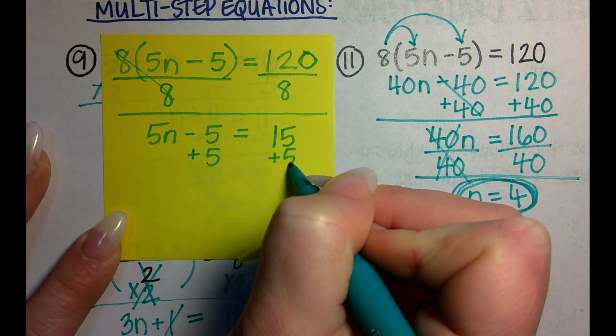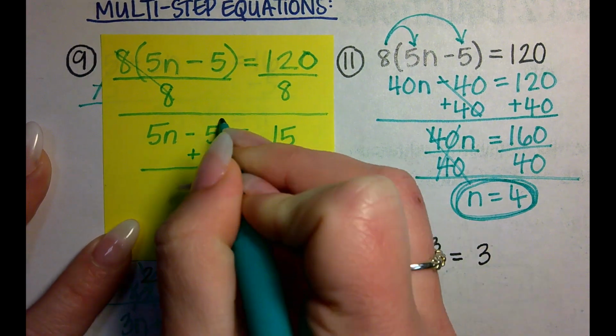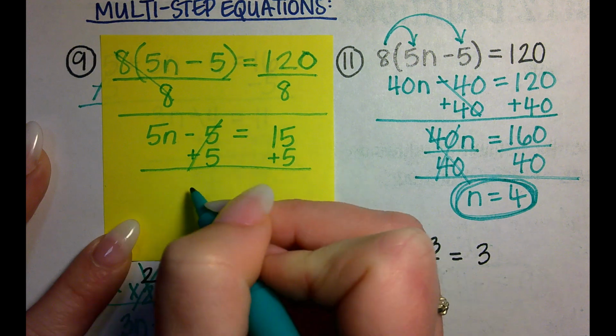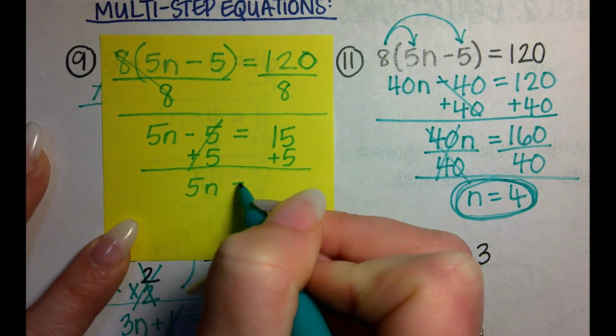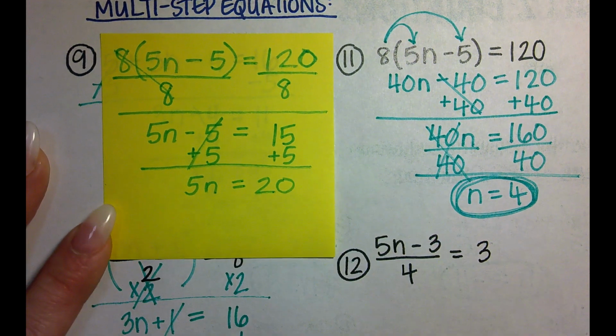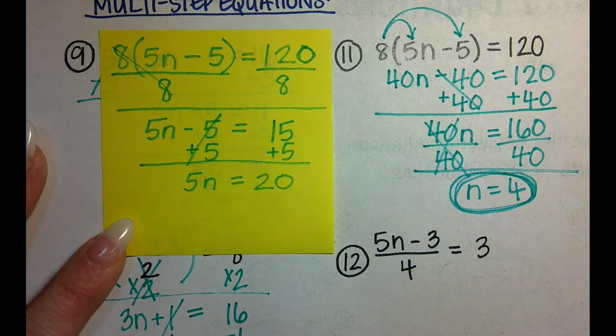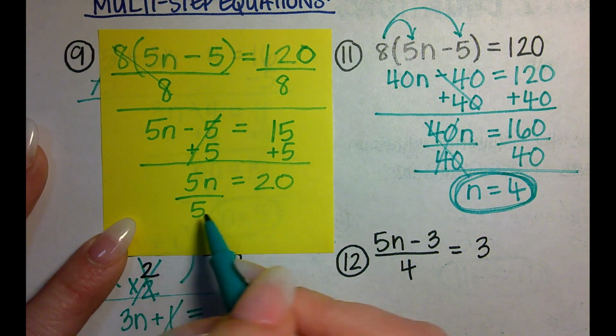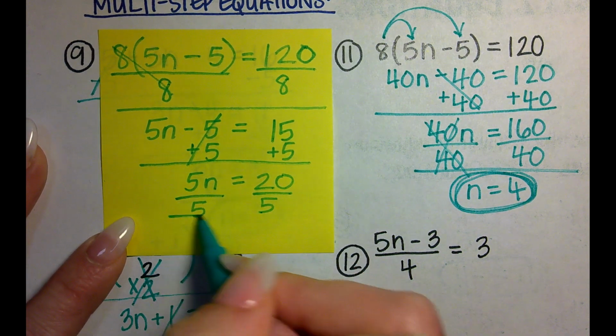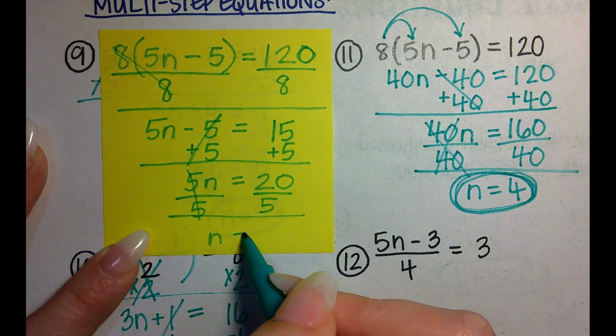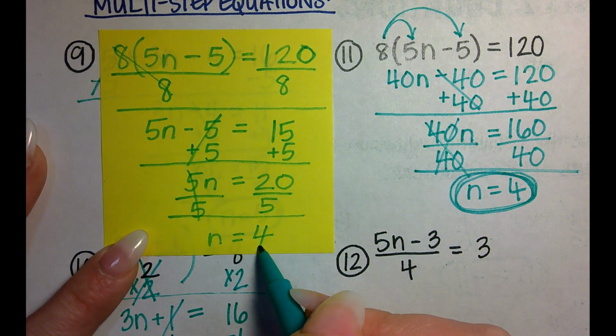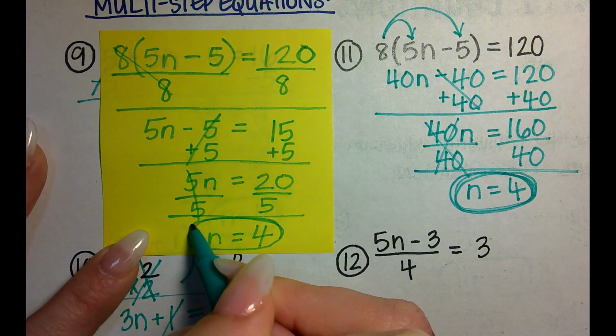Add 5 to that one. You got 20. 5n equals 20. And now you divide 5 from each side. Perfect. We divide by 5, and what do you know? You're going to get the same answer. 20 divided by 5 is 4.